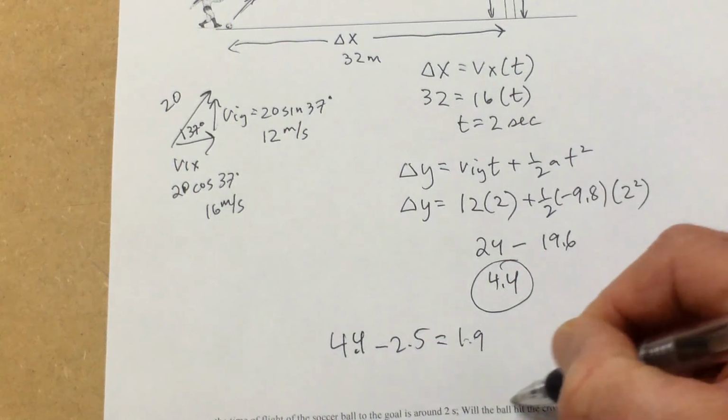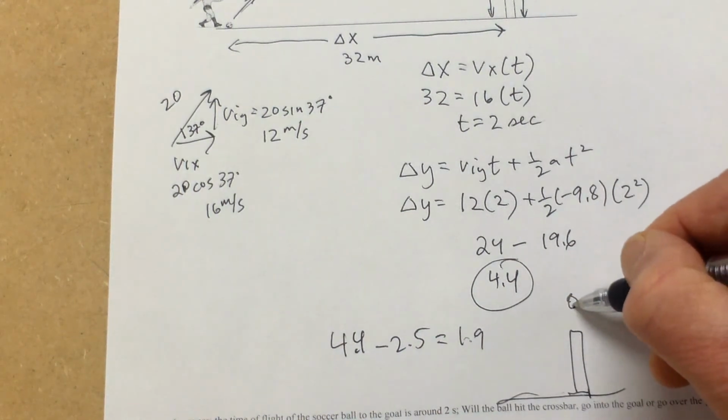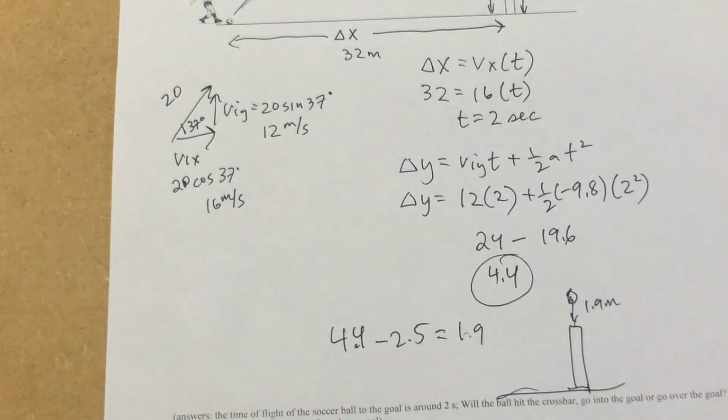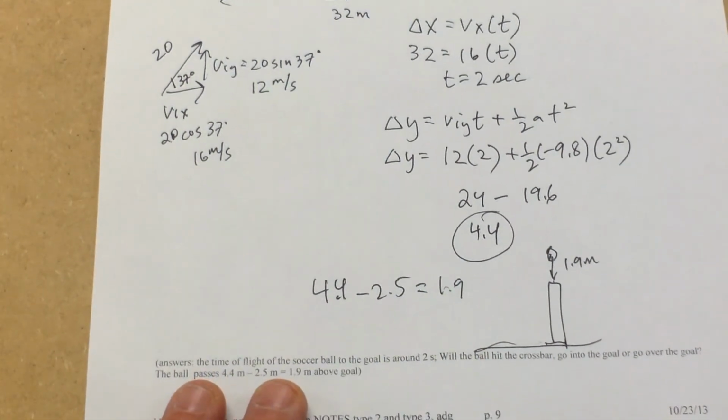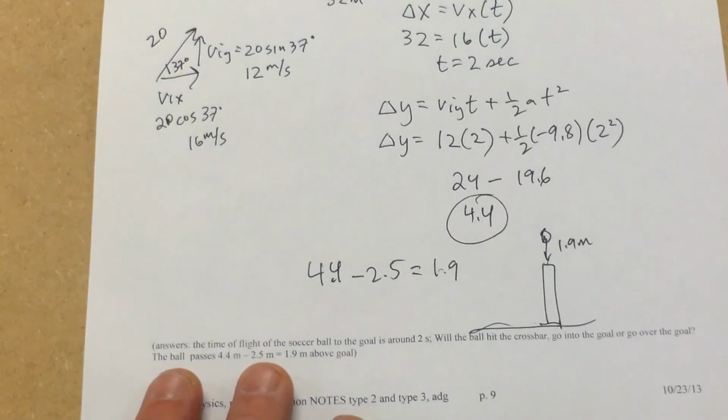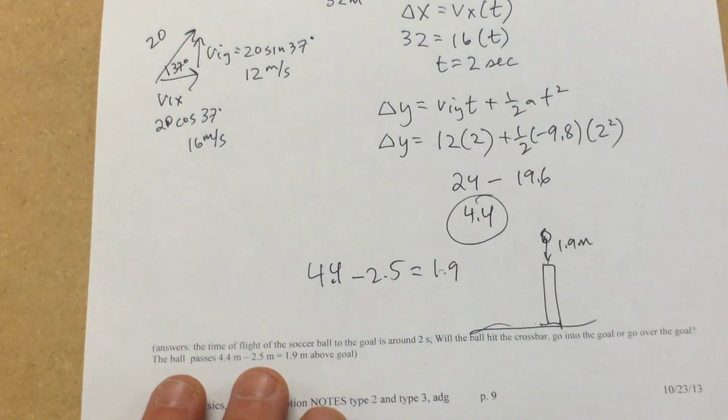So at the position of the goal here, the ball is 1.9 meters above. It wasn't a goal, was it? It didn't get in the goal. It sailed over the goal. Okay? Again, that's another type 3 analysis. I'm going to give you a couple for practice.